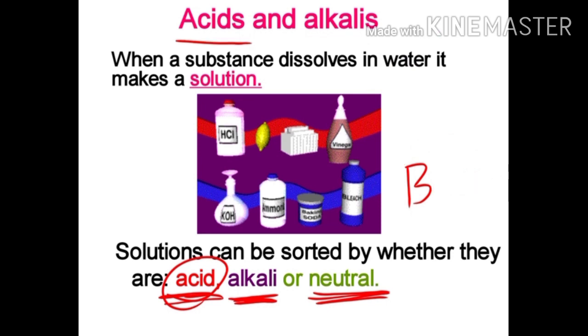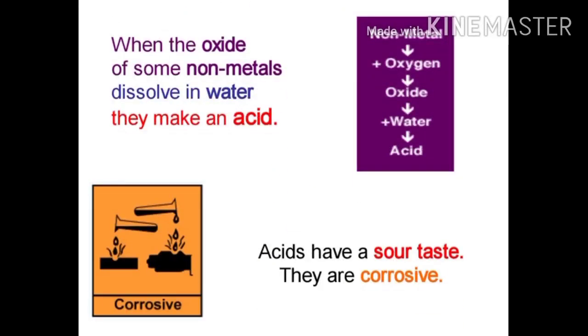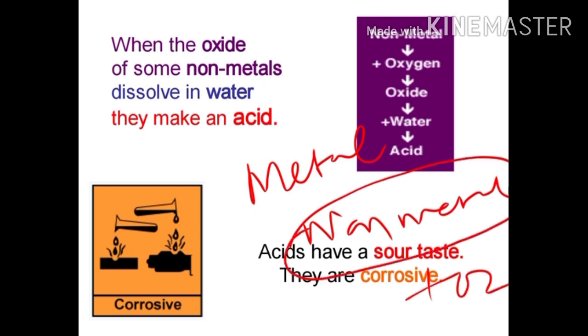So the terms we are going to use are acid, alkali, or neutral. These terms are there. After this, when the oxide of some non-metals, we have studied that non-metals and metals form oxides, when they undergo combustion, that is, treated with oxygen.